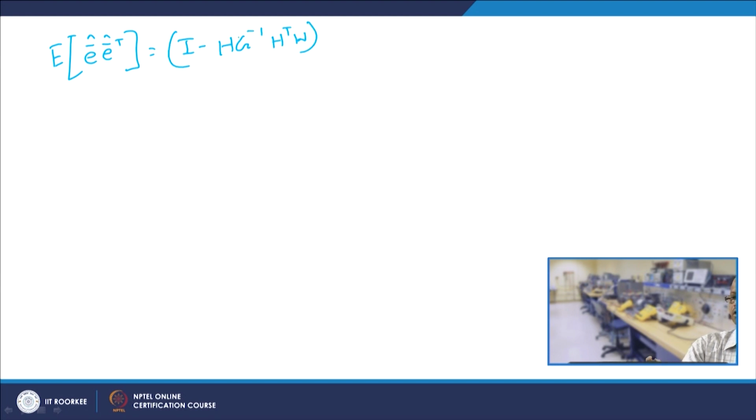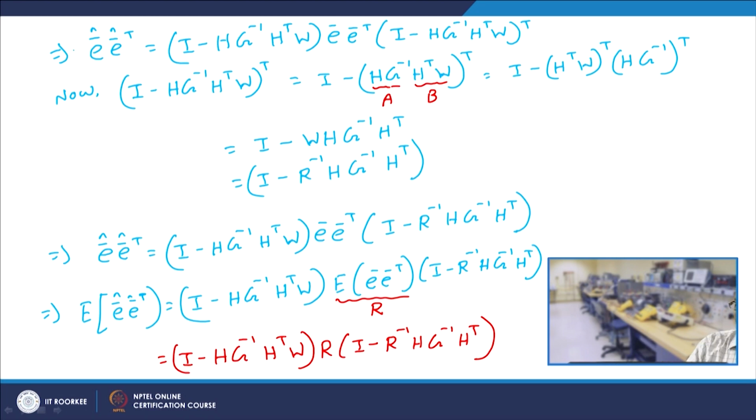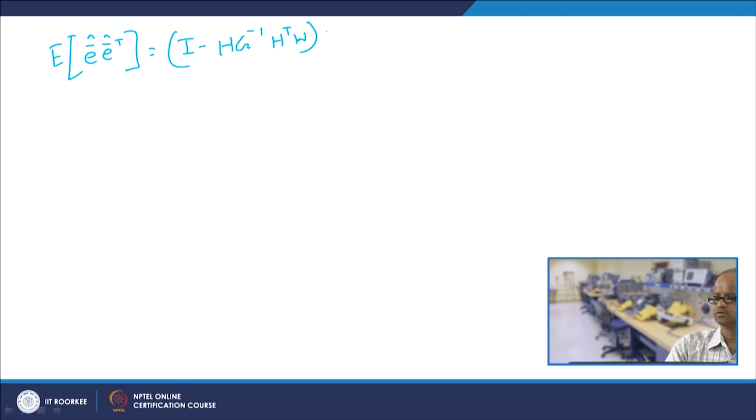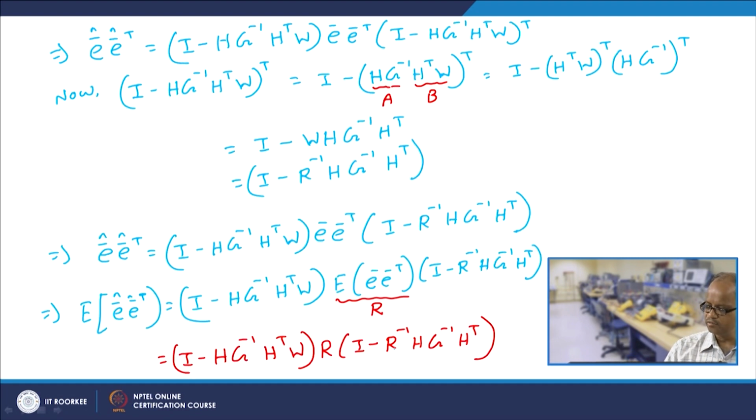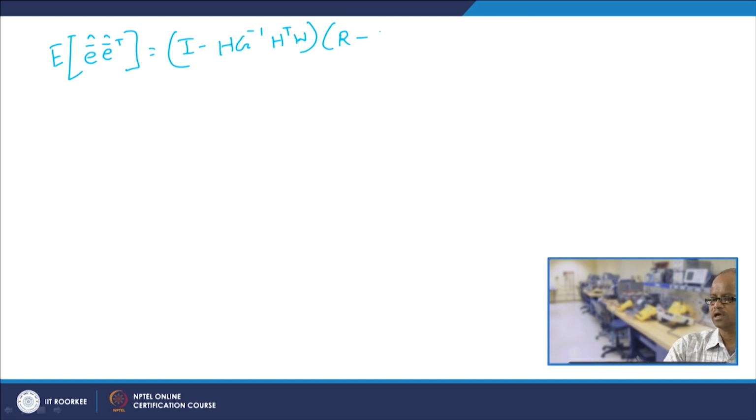Now I take the product of R with this. So, R into I is R, minus R into R inverse is identity. So, this goes H G inverse H transpose. So, this is H G inverse H transpose, right.